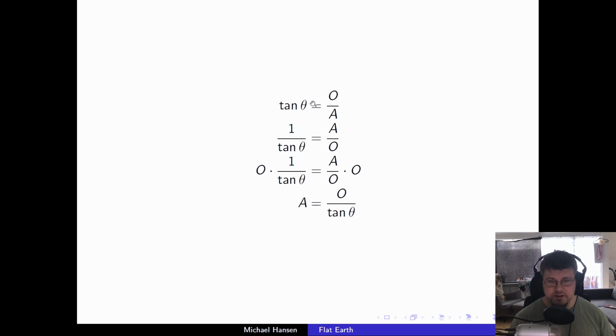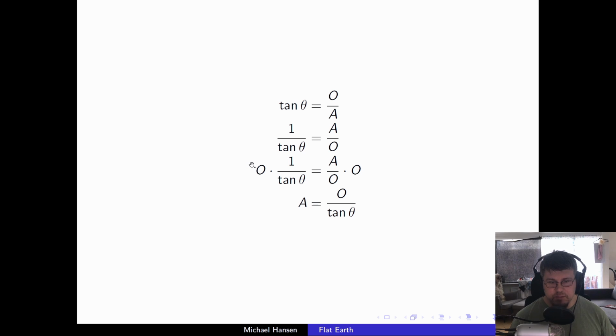Tangent of theta is equal to the opposite divided by the adjacent. By flipping these around, and you can do that if you want, you can simply divide them by 1, we get 1 over tangent of theta is equal to the adjacent over the opposite. Now that we have flipped them around, I call it that. It's not really what you do, but I call it that.